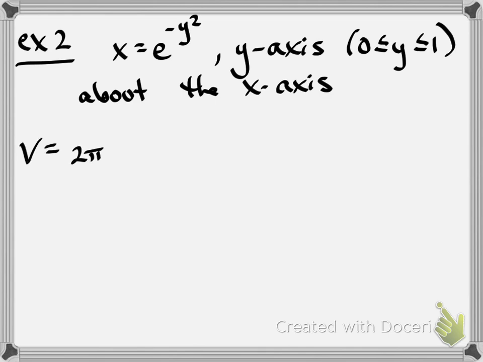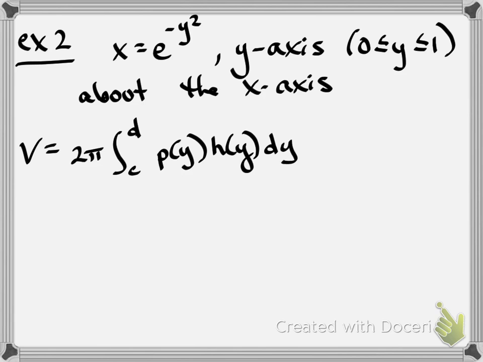V is 2 pi from c to d of p of y, h of y, dy. And nice that everything's set up in terms of y. So it's 2 pi.